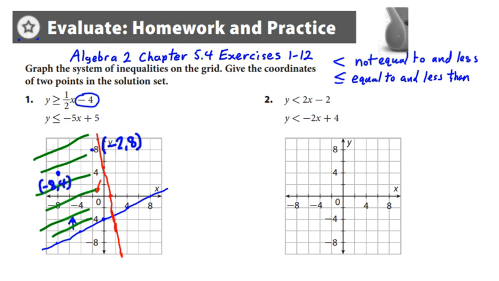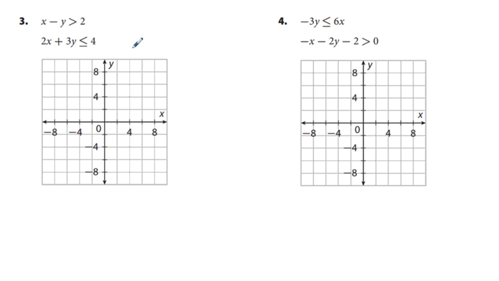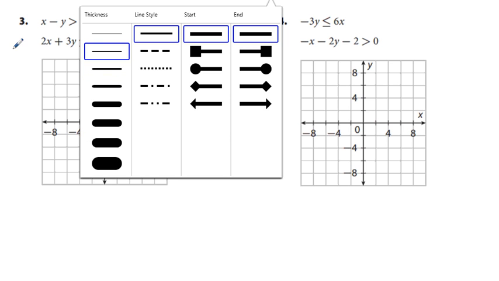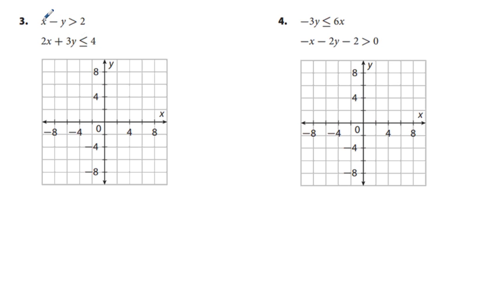Okay, let's go on to the next odd number problem, 3. In this case, we have two inequalities in standard form, and we really have a choice in this instance. There's an intercept method you can use, but for the sake of consistency, I'm going to go to the slope-intercept form.